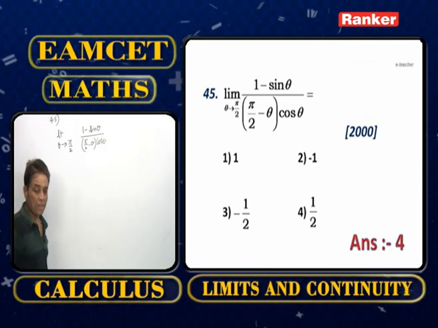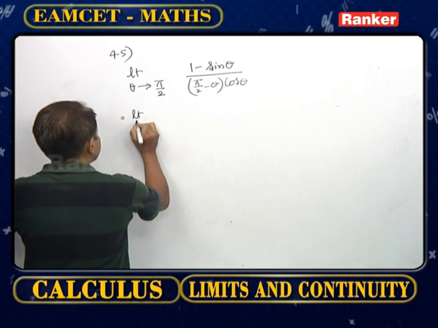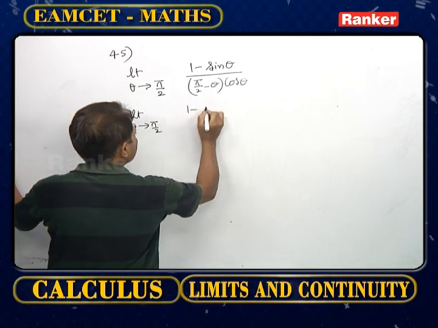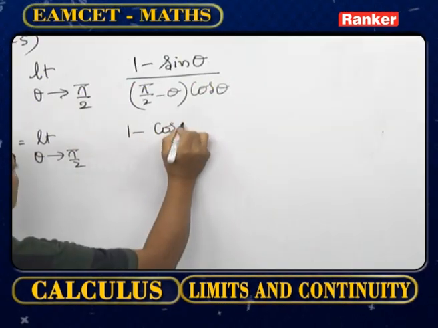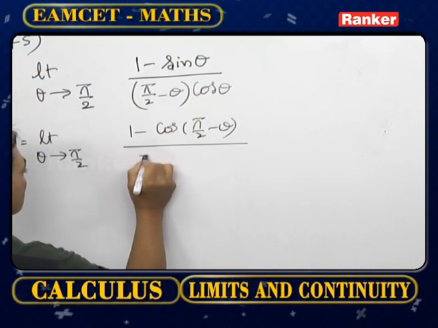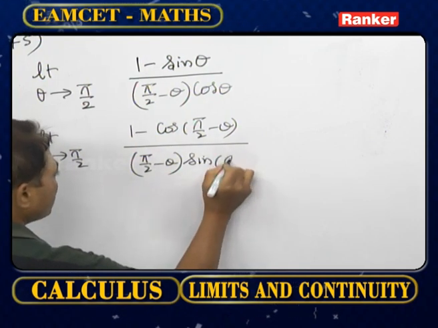This is the first model again. Let us see what we get. Limit theta tending to pi by 2, 1 minus cos of pi by 2 minus theta, over pi by 2 minus theta, into sin of pi by 2 minus theta.